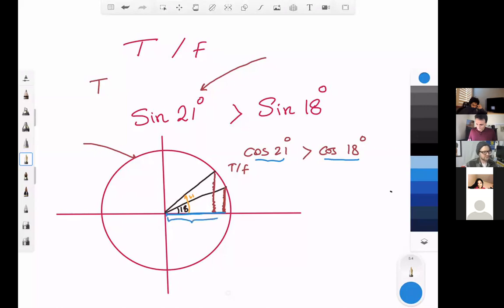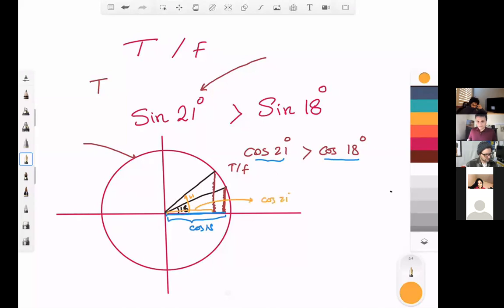This much is cosine of 18, and this much is cosine of 21 degrees. So cosine of 21, the orange one, is less than cosine of 18. So this is false. What I'm saying here is do not make a decision quickly by the number. We don't compare the numbers. We're dealing with the cosine of that or the sine of this. So this is false.